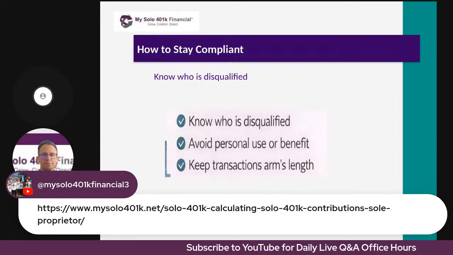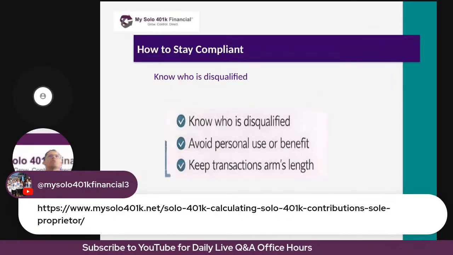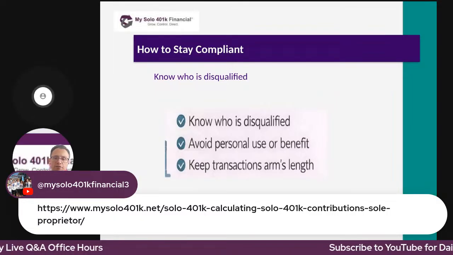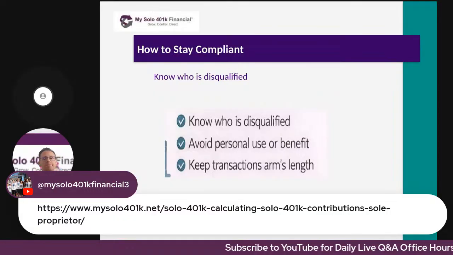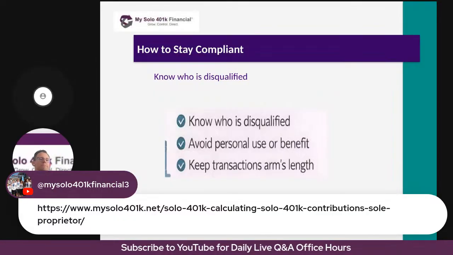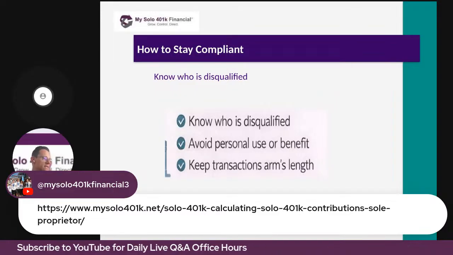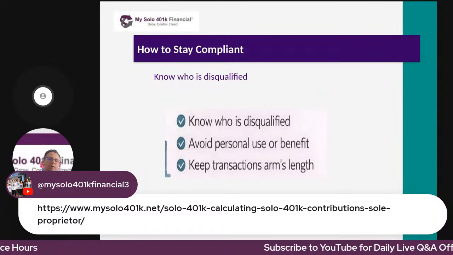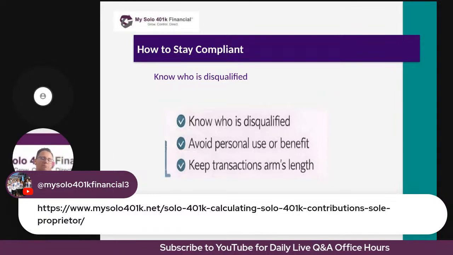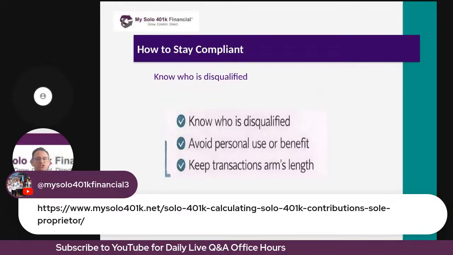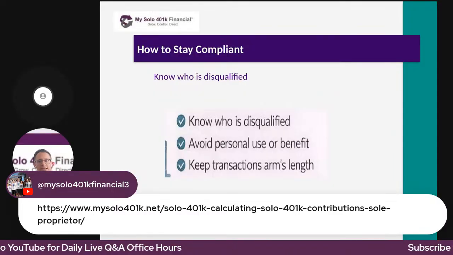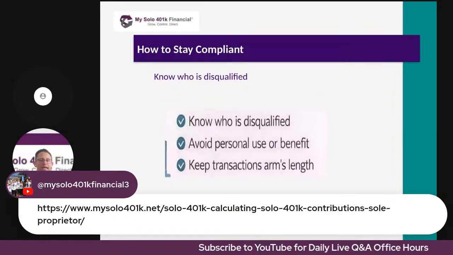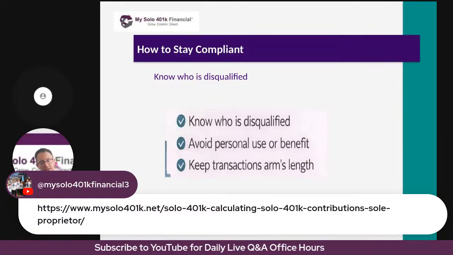Now let's do some final thoughts on today's topic, which is what transactions are prohibited in a self-directed IRA. A self-directed IRA offers tremendous flexibility and diversification potential. However, this flexibility comes with responsibility. The IRS prohibited transaction rules exist to prevent abuse and ensure that retirement accounts like self-directed IRAs, self-directed solo 401k plans as well, are used exclusively for retirement purposes.